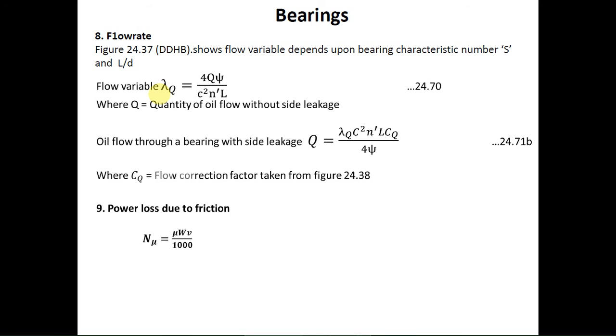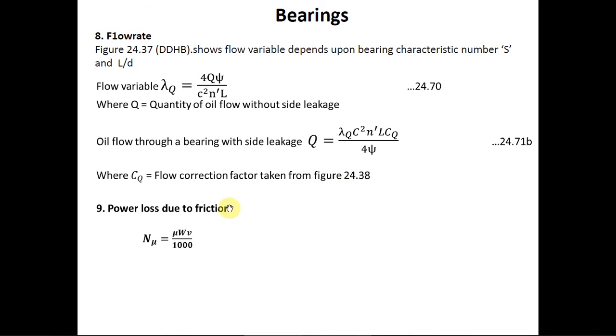Flow variable lambda q equals 4q psi divided by c square n dash L. Equation 24.70 is the formula you have to use, where q is the quantity of oil flow through the bearing with side leakage. In this formula you have to refer 24.71b, where Cq is a flow correction factor taken from figure 24.32.